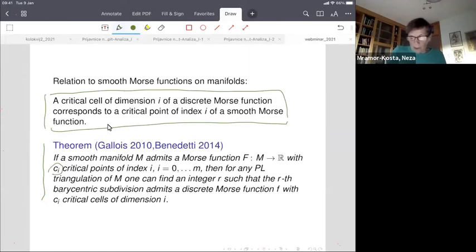So for some R, on the R-th barycentric subdivision, we can construct a discrete Morse function which has precisely the same number of critical cells in each dimension as we have critical points of the corresponding index. So we see that these discrete Morse functions, in particular on triangulated manifolds, actually represent, to a certain extent, discrete approximations of smooth Morse functions.